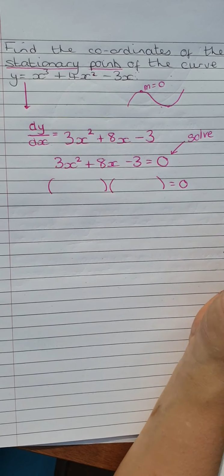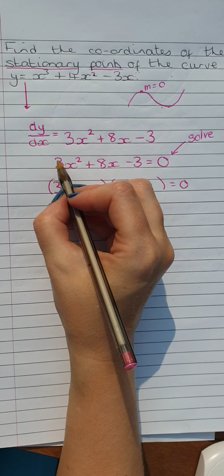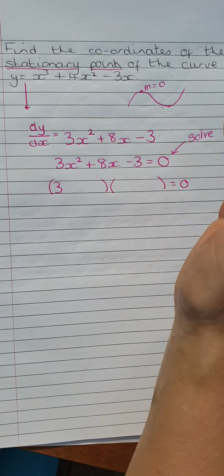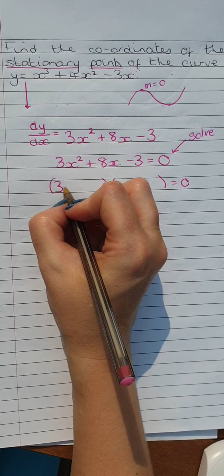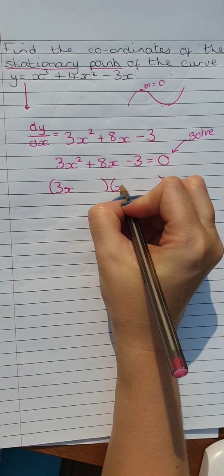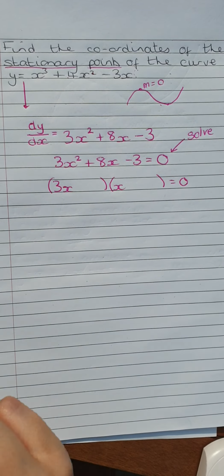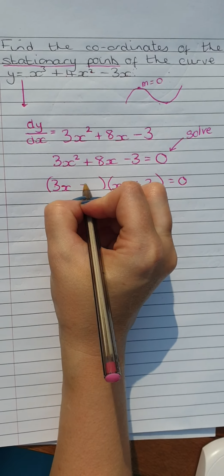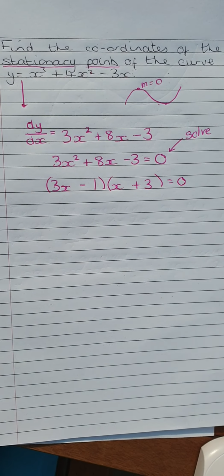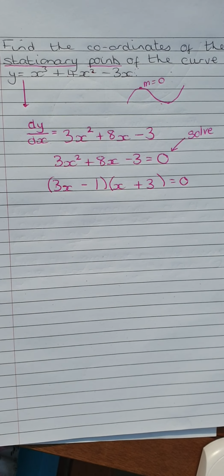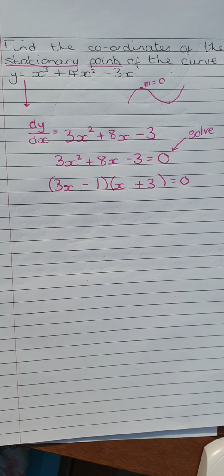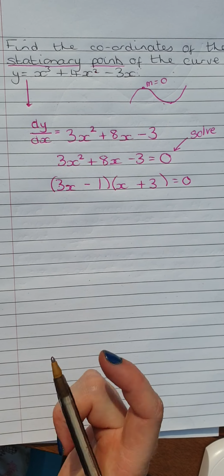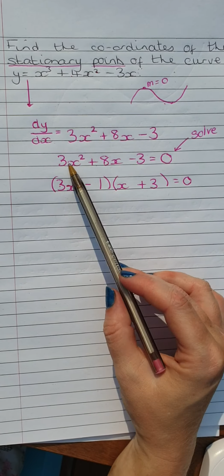You can factorise whichever way you prefer. If you do 3 times 3 is 9, list factors of 9, that's absolutely fine. I'm just going to quickly try and do it in my head. 3 times 3 will give me 9, minus 1 will give me the 8x. So I've factorised. However you want to do it is absolutely fine. Or we're solving a quadratic.